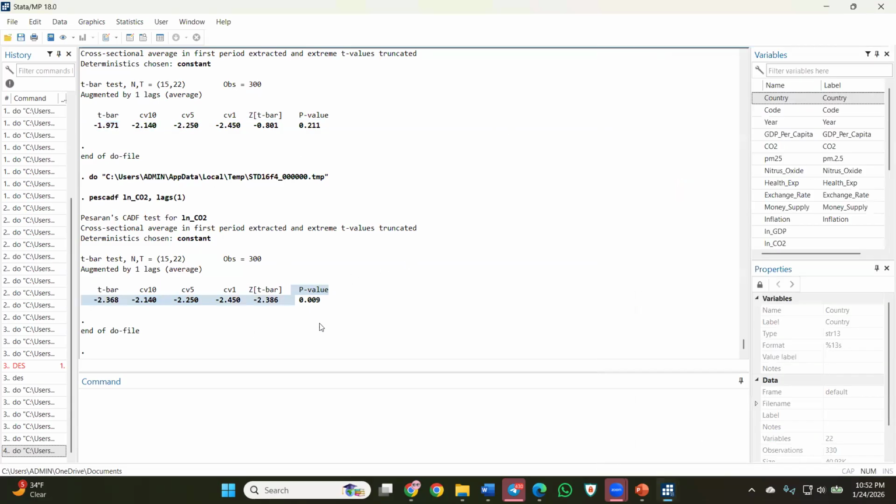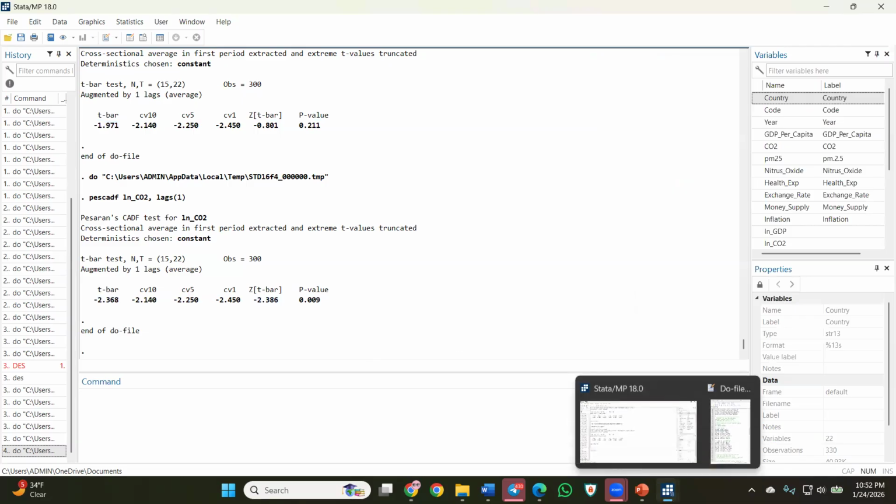Yeah, so the CO2 is stationary. Why? Because I use the p-value. The p-value is less than 0.05. Okay, so if it is less than 0.05, what does it mean?